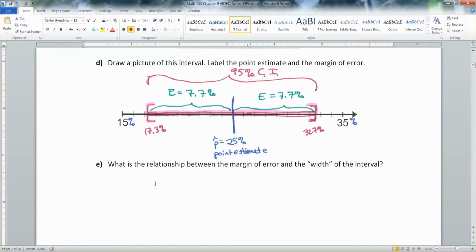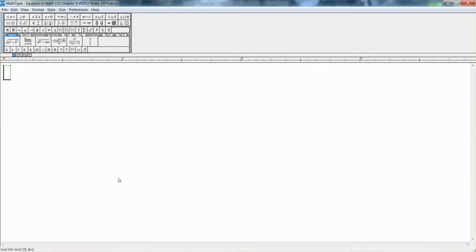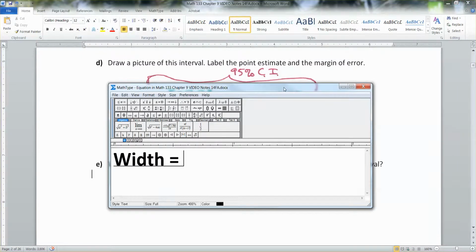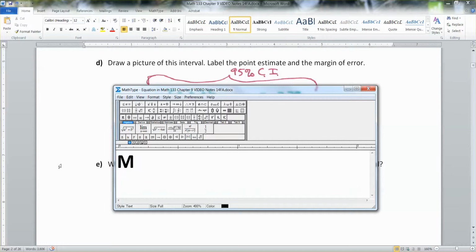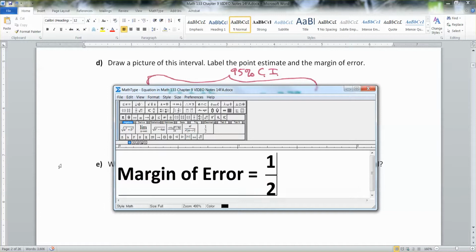So now what is the relationship that we see in this picture between the margin of error and the width? The width of the interval is the distance, the pink distance here, from 17.3 all the way up to 32.7. So let me write that out. The width is equal to twice my margin of error, right? Because the margin of error is equal to half the width of the interval.